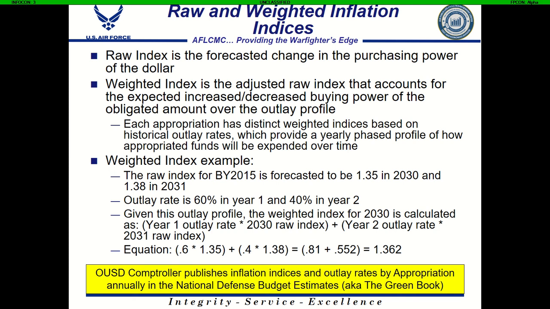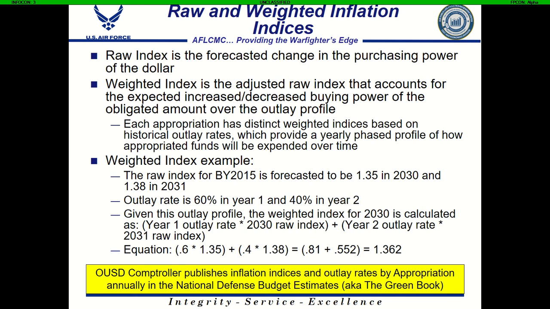Again, this means that historically, for whatever appropriation this is, we expend 60% of the money in the first year, meaning the contractor invoices us and we send them the money from the Treasury, and then in the second year, the remaining 40% is sent to the contractor from the Treasury as actually expended to them.